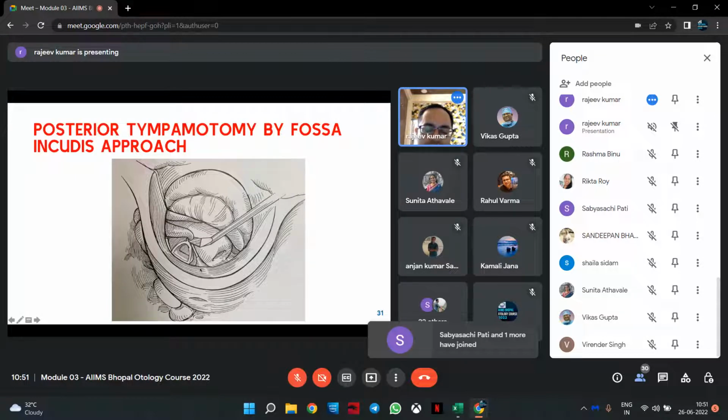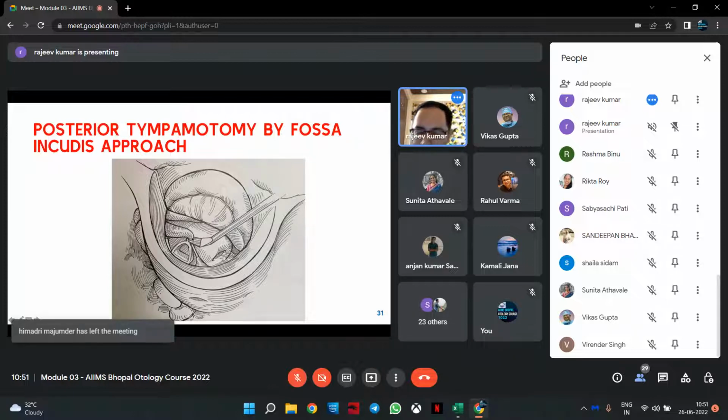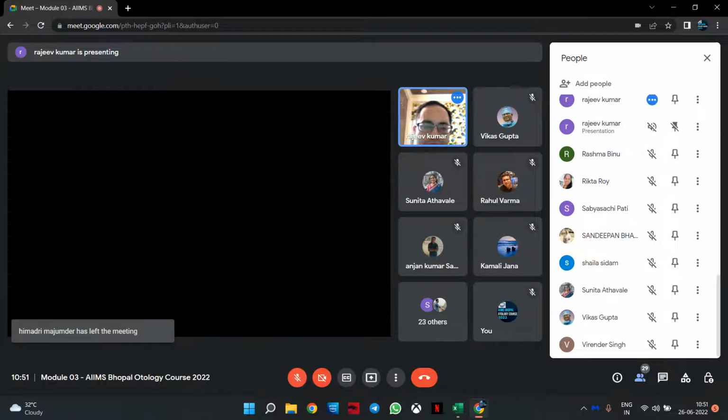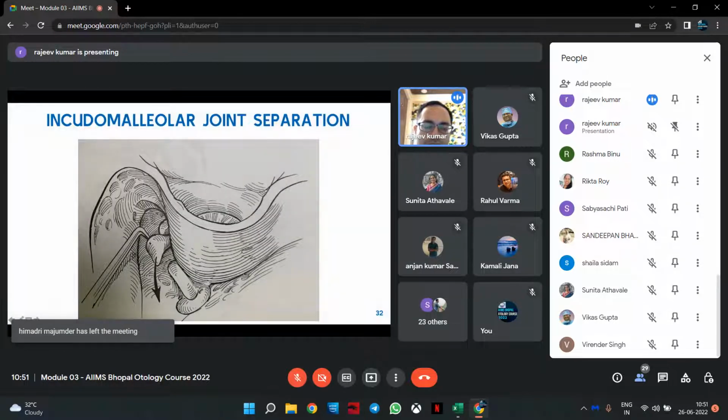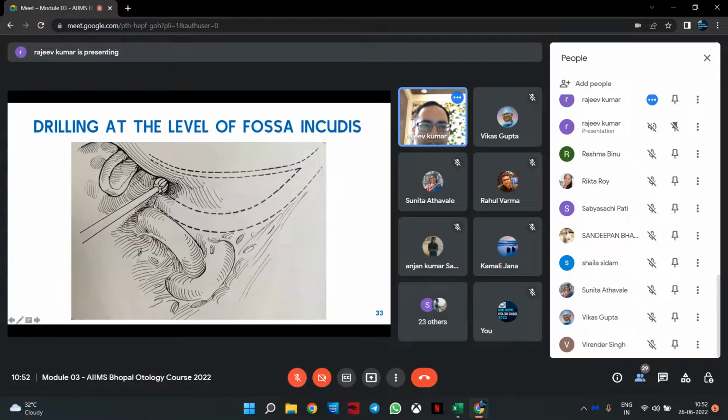We disarticulate the incus stapes joint. Then, having already done the cortical part, we remove the incus, mobilizing it after separating the incudomalleolar joint. Once we remove this, we start drilling at the level of the fossa incudis.